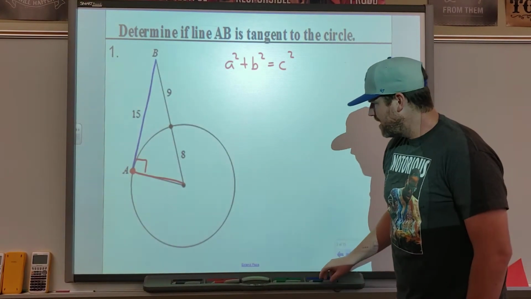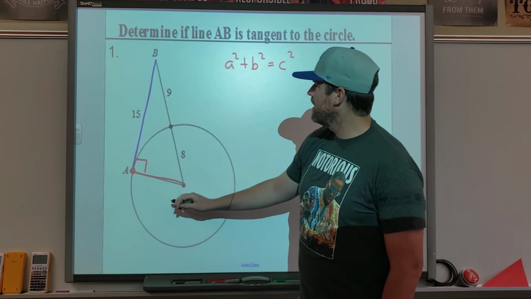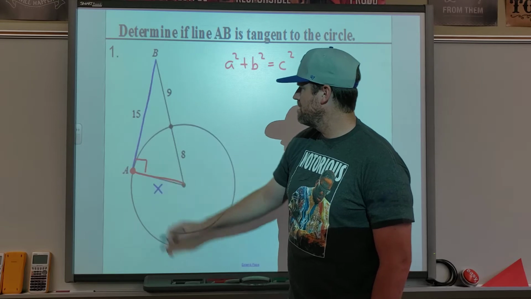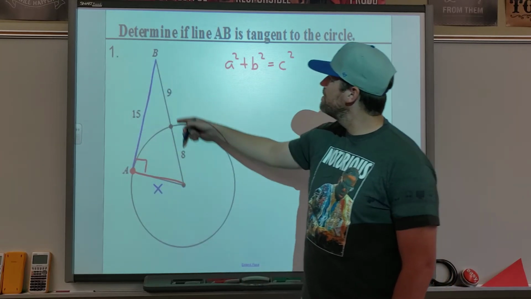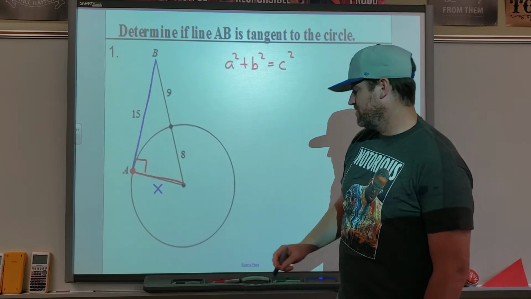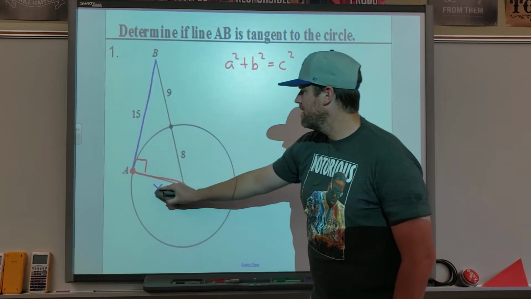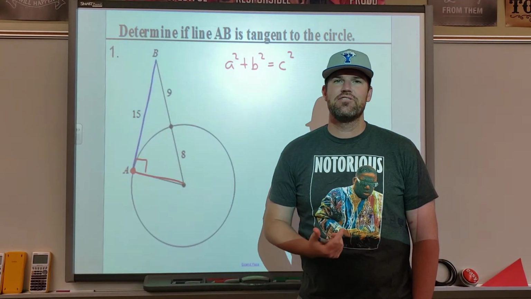So my two legs are going to be x, 15, and 17. Actually, hold on. Let me take a step back. Sorry. How long is the radius? I actually already know this. I don't need to try to find it.